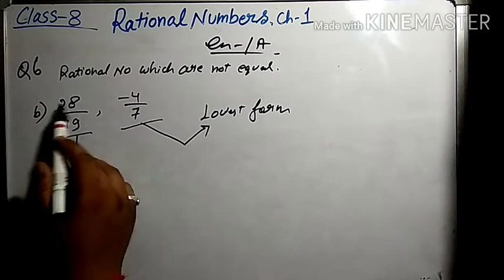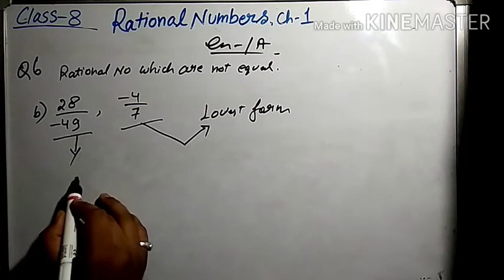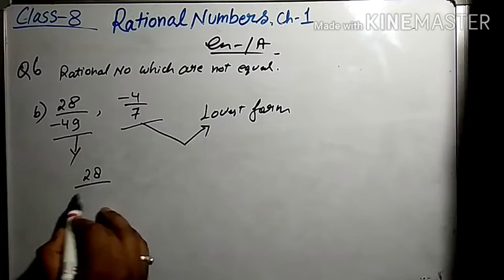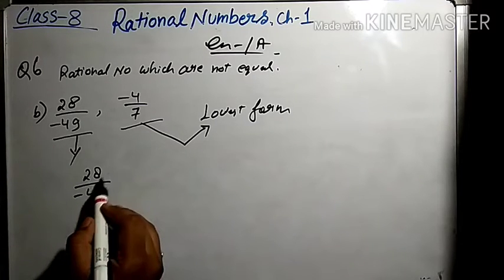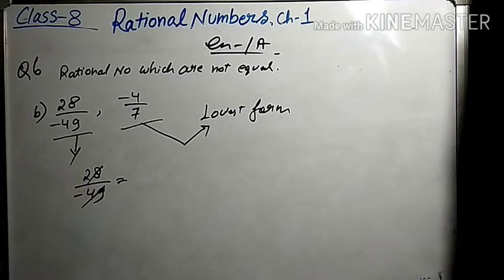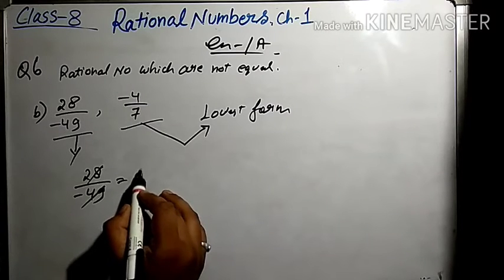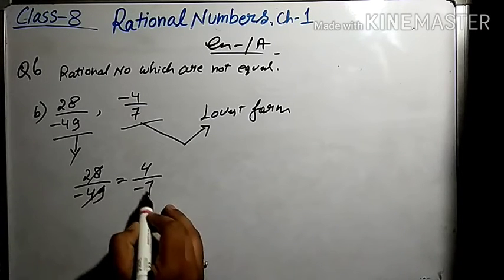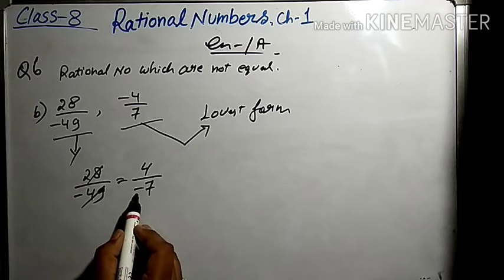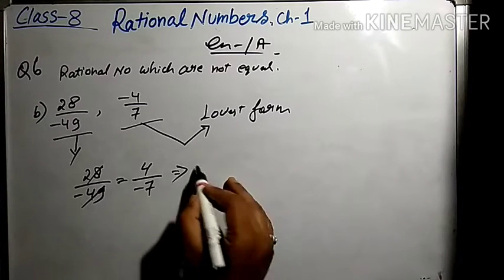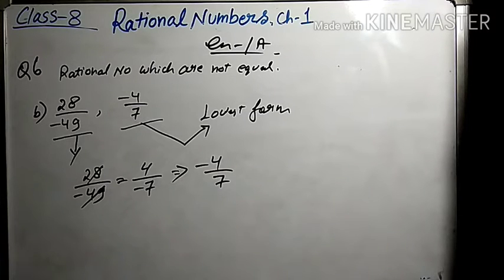Now the turn is of 28 upon minus 49. So I will just convert 28 upon minus 49 into its lowest form. That is, 7 fours are 28 and 7 sevens are 49. Now the negative number is at the denominator place. It can be further written as minus 4 upon 7.